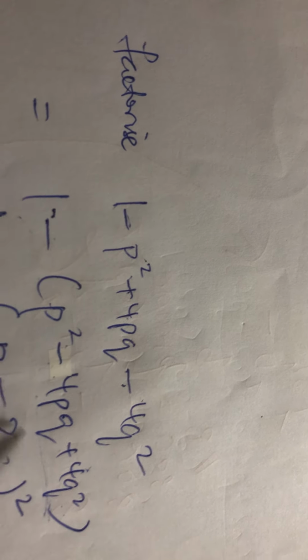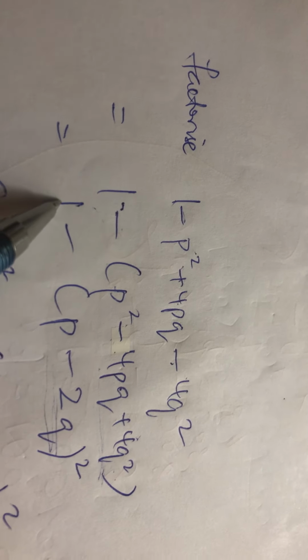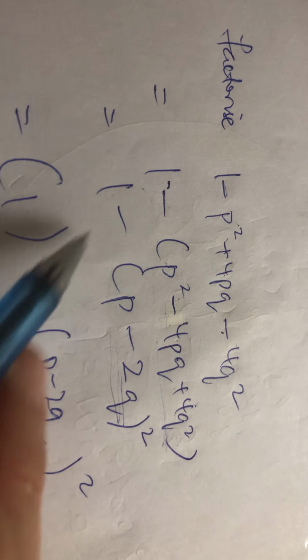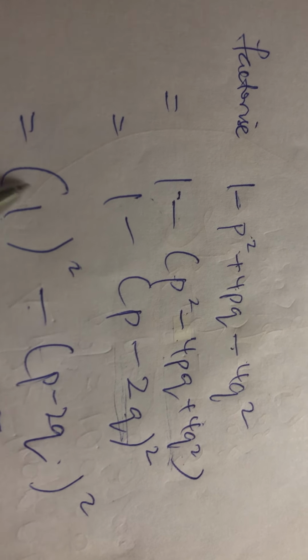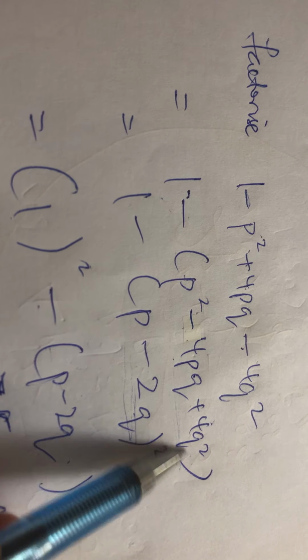Because when I factorize this using the method we discussed earlier, the calculator method, I will end up with this. Okay, and can you see that it's actually difference of two squares? This square, one square is 1, right? Minus this square. So there's a difference of two squares here, and then there is a calculator method here.